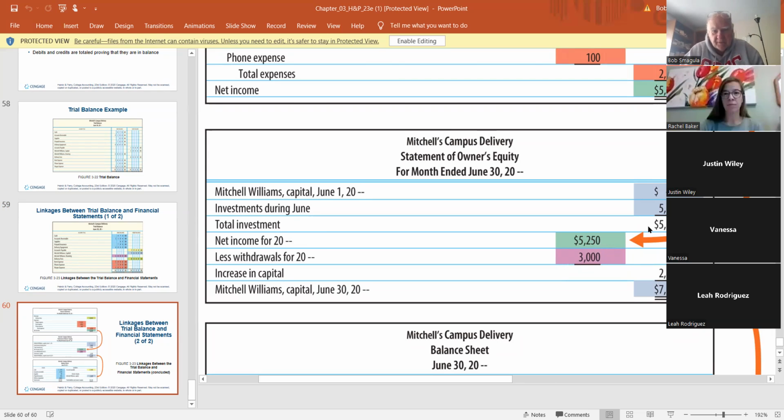Bide, you bide your time with an equity statement. You start with the beginning, which is this investment of $5,000 plus the net income of $5,250. And Mitchell withdrew 3,000. Perhaps that's going to be his salary. He's paying himself. So the capital went up that amount, and there's your ending. Beginning, plus net income, minus drawing, equals ending. There is your ending equity number.